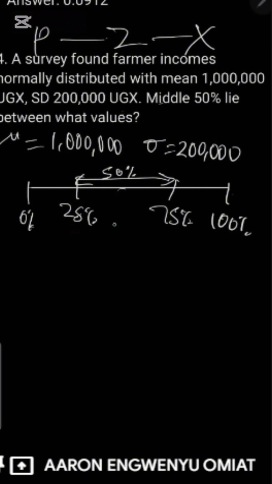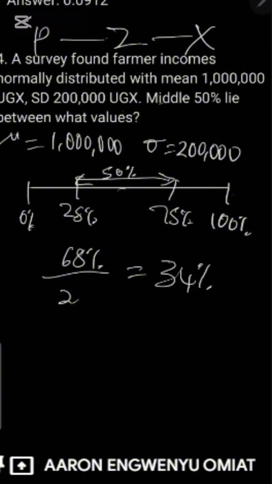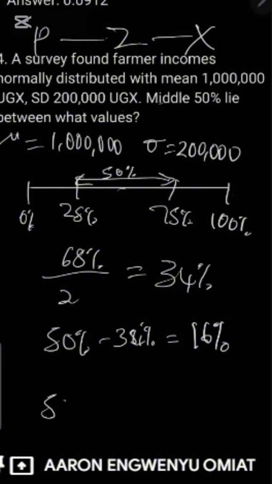If they give you any figure, let's say they gave you 68%, you divide it by 2 and you get 34%. Then you say 50% minus 34%, that is 16%. That is your lower value. And then 50% plus 34% is 84%. That is your upper value.